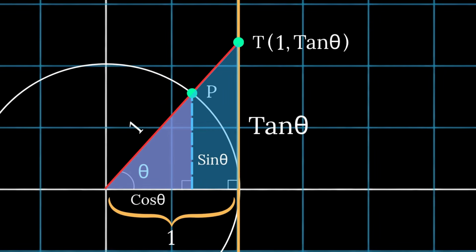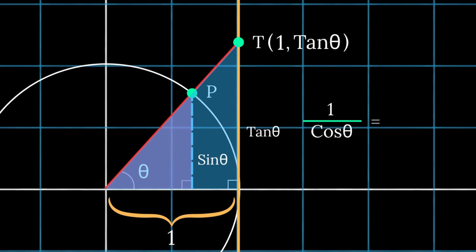For the smaller triangle, let's set up the proportion of its hypotenuse to its horizontal leg. The value of the hypotenuse is 1, and its horizontal leg is cosine of theta. Moving on to the bigger triangle, the value of the hypotenuse, well, we don't know that yet. So let's let some value x be equal to the hypotenuse.